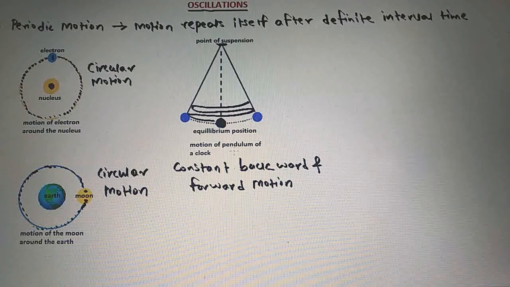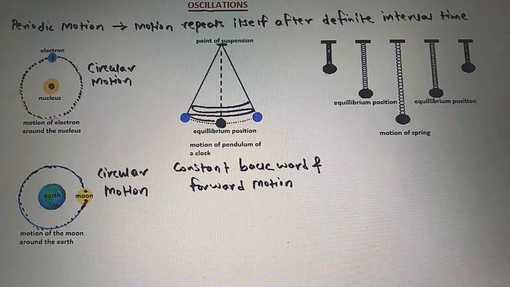Now we will see the next example of periodic motion, that is the motion of a spring. See this figure here. These are the two mean positions of the spring, that means the equilibrium position of the spring.